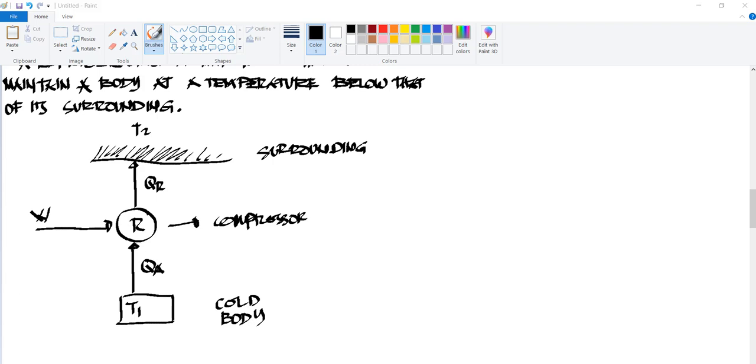Then you have your Q absorbed from the cold body at the temperature T1, and it rejects the heat QR to the environment. You need a work supply to the system in order to achieve the lower temperature, and the heat is thrown away to the surroundings.